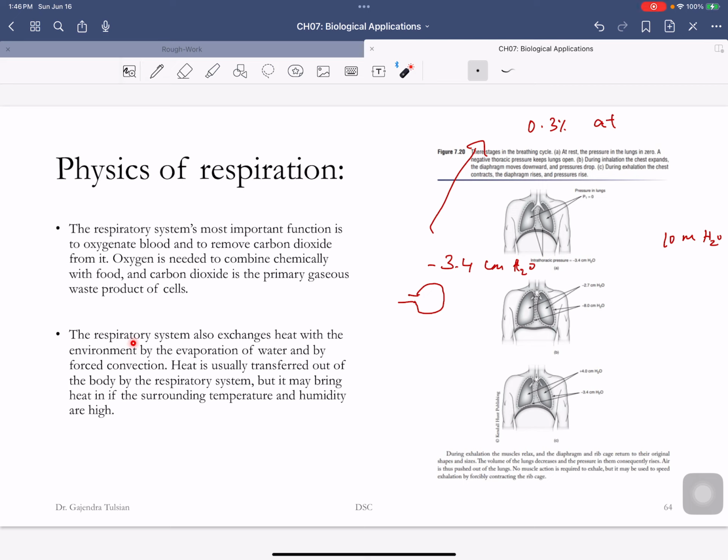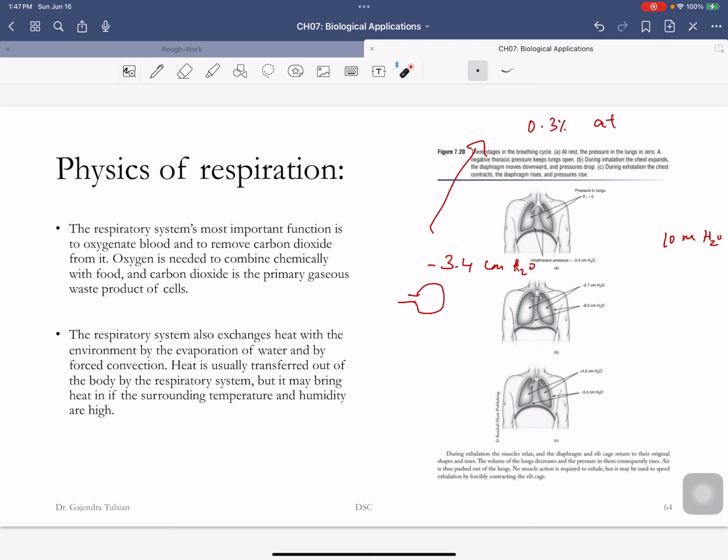So the respiratory system exchanges again. The respiratory system's most important function is to oxygenate blood and to remove carbon dioxide from it. The respiratory system also exchanges heat with the environment by the evaporation of water and by forced convection.